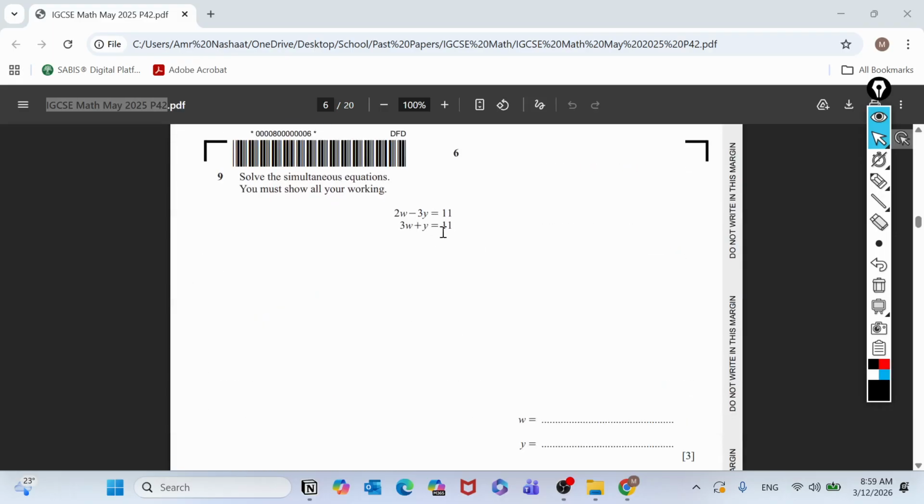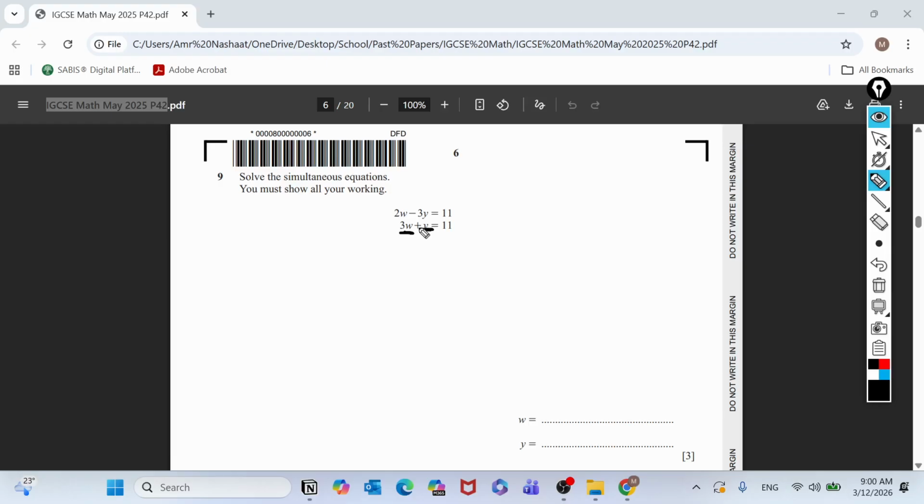You just calculate. Solve the simultaneous equations. You must show all your work. Okay, guys, look, for simultaneous equations, two equations, you get one variable by itself. So I'll show you. Let's use this first because it's simpler, because there's no coefficient with the y.